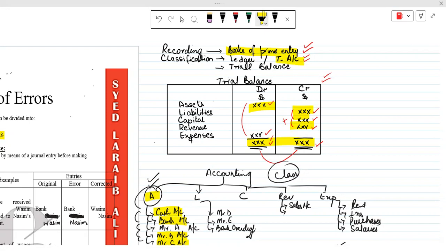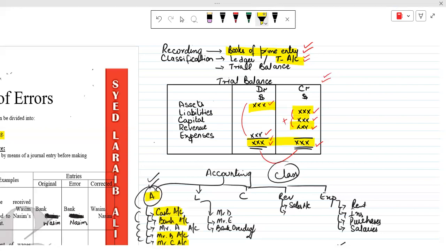Like all the similar transactions of sales are recorded in the sales account. All the transactions of purchases are recorded in the purchases account. All the transactions of bank are recorded in the bank account, cash in the cash account, salaries in the salaries account. So different classifications of T accounts are there. The T accounts are made with different classifications.